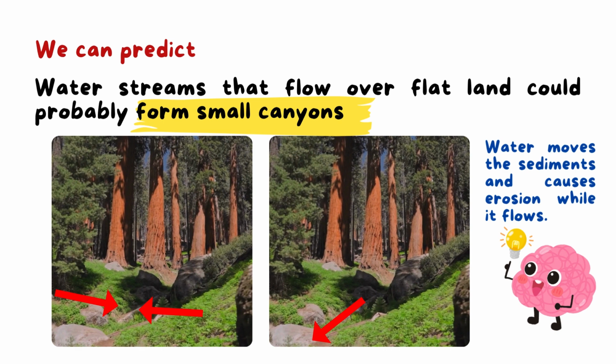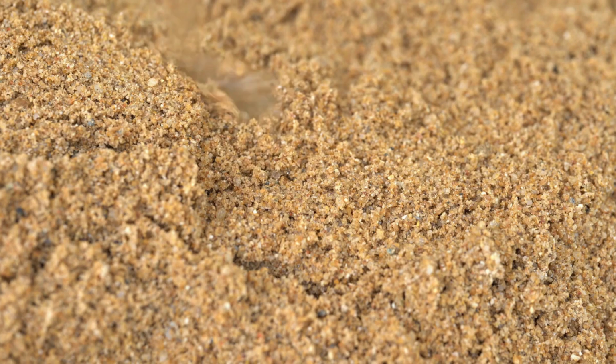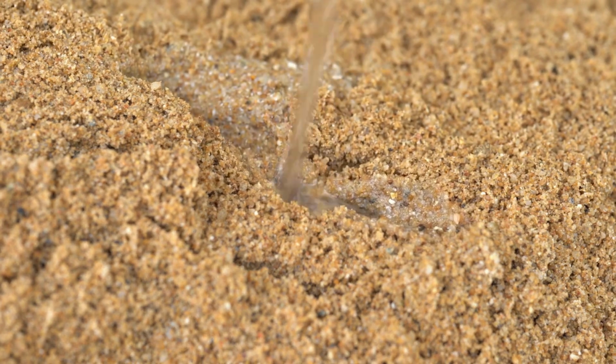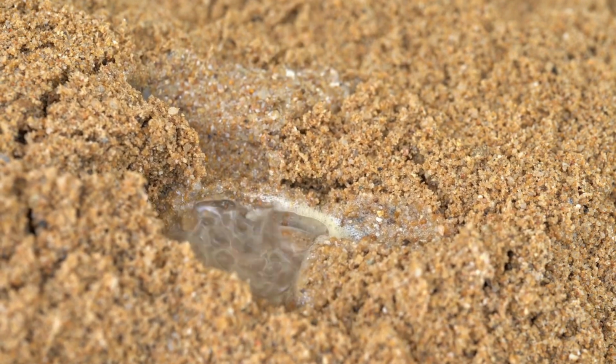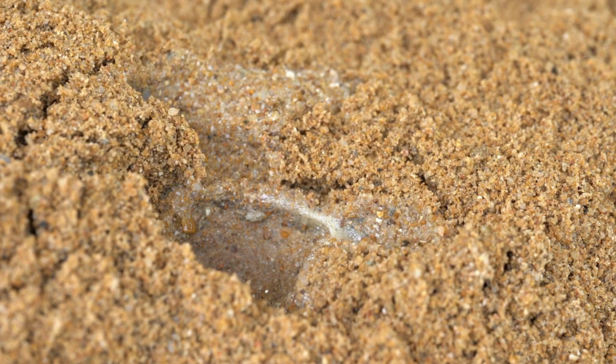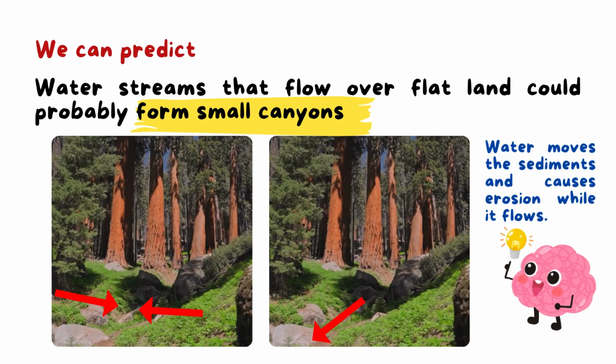You remember, when we pour water on sand, what happens? Yes, we can see the impression of the water flow, and the sand wears away from the path of the flowing water. This happens for flat land: when water flows in it, it causes erosion and starts to form a small canyon.